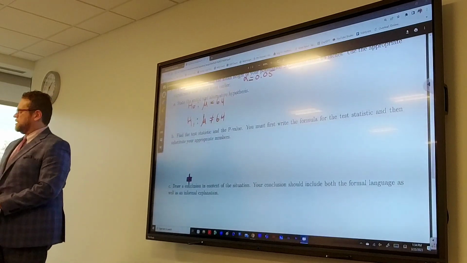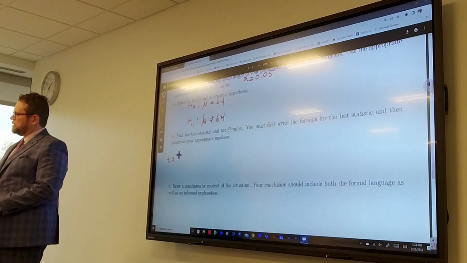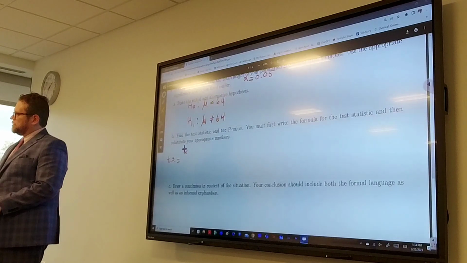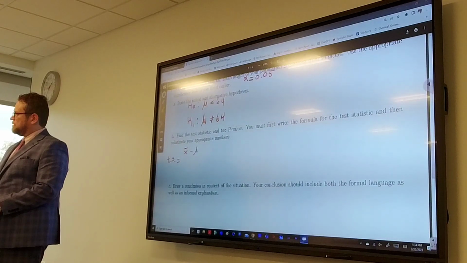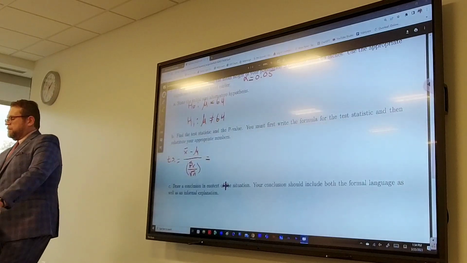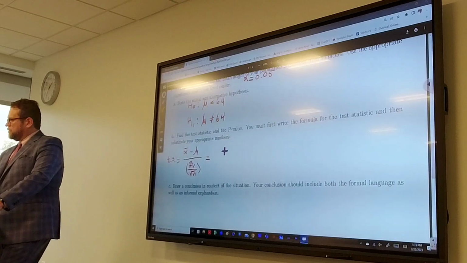Find the test statistic and p-value, so we should stipulate what that formula is. It's the observed height, x bar, minus the mean over the quantity s sub x over root n. And I want to just write down what those numbers were. So x bar, I can go back and get.